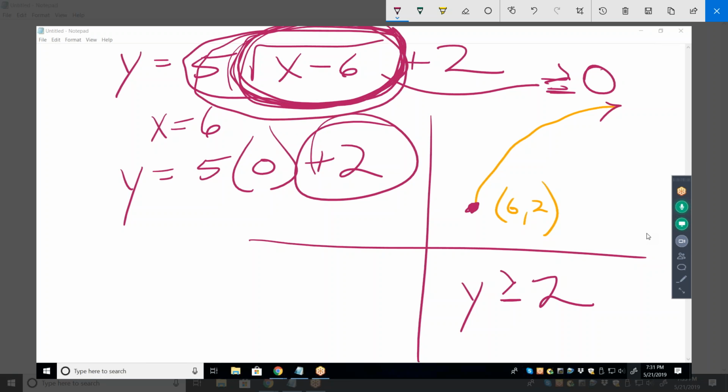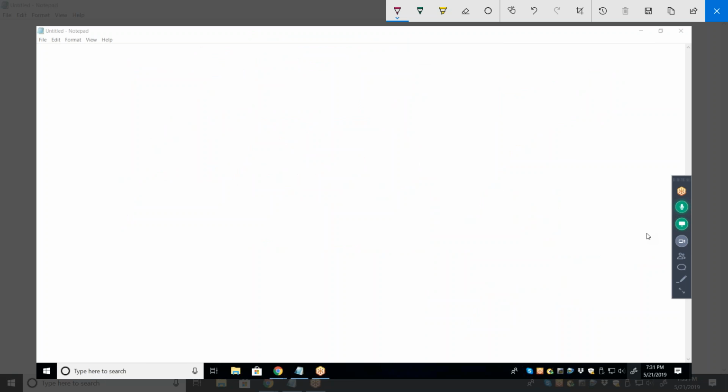So I can figure out by looking at it algebraically that y has to be greater than or equal to 2, because the smallest all of this stuff to the left of the plus 2 can ever be is 0. You don't probably have to worry about that if they're going to ask you to graph all of them anyway, and you'll always be able to look at the graph to figure out the domain and range.